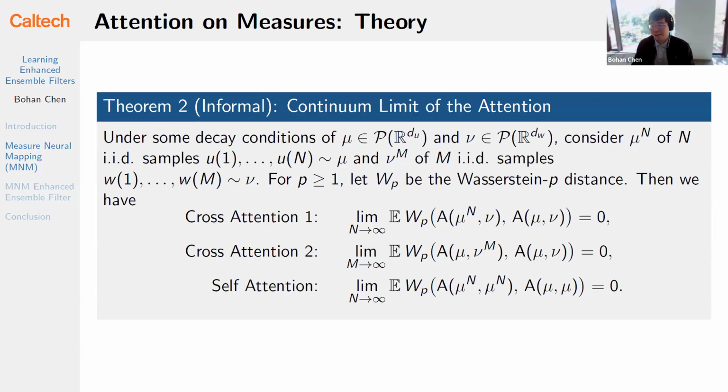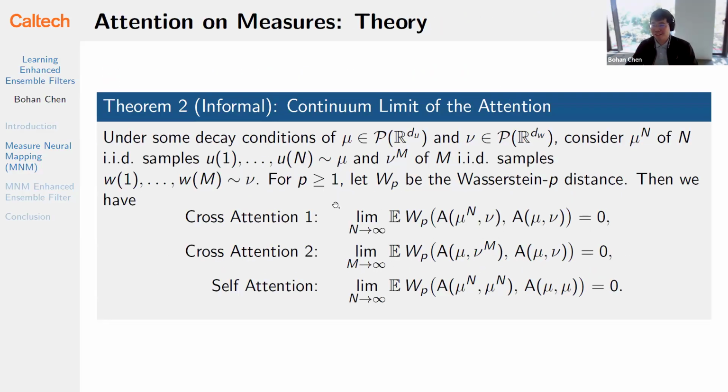In fact, I can provide a more detailed decay rate for this. It's not decaying very fast. It's nearly like n to the power of -1 over d, where d is the dimension. It's similar to the decay rate of the Wasserstein distance itself.